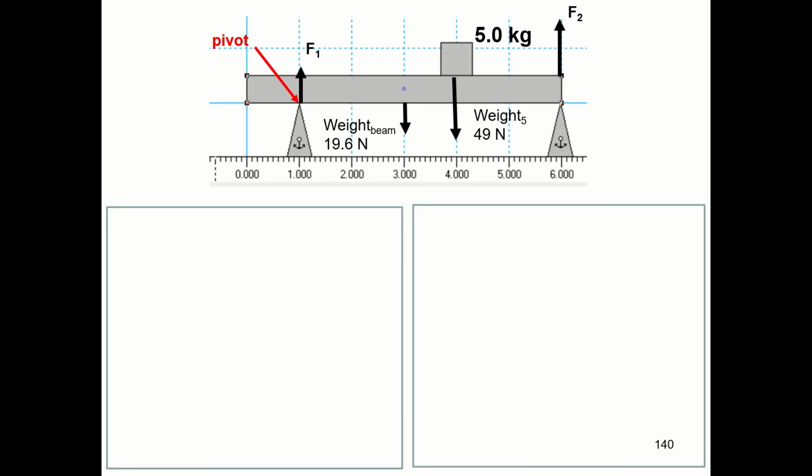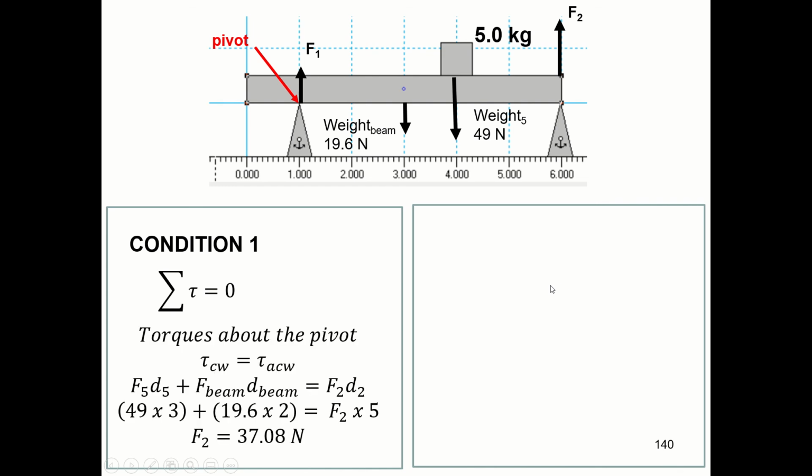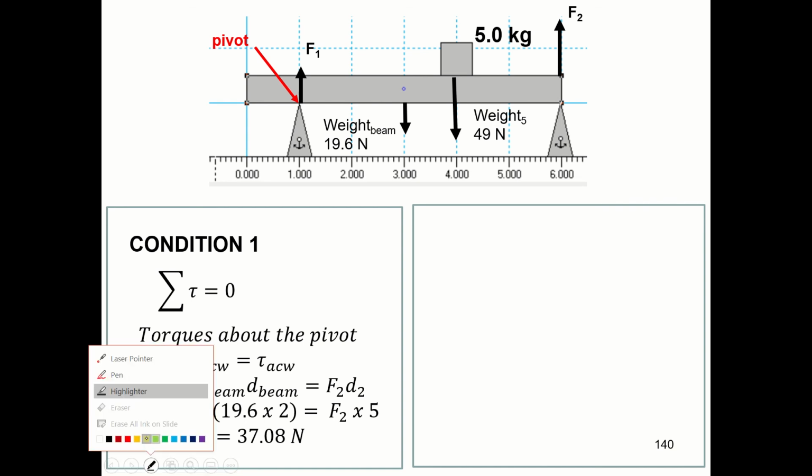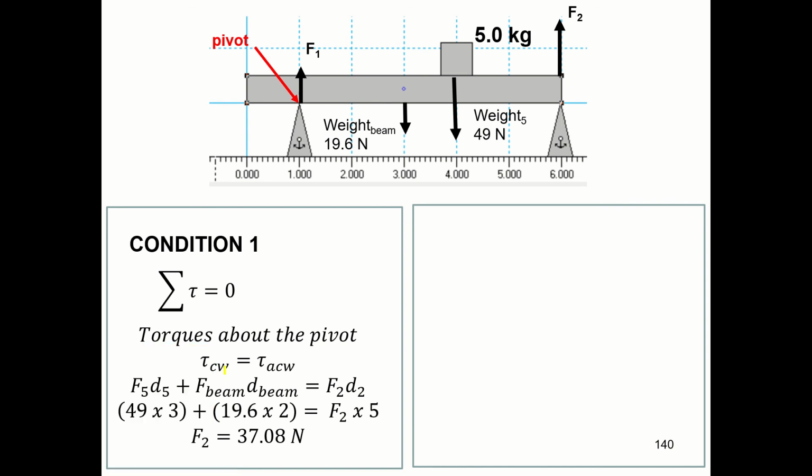So what we're going to do is say, okay, the clockwise torques equal the anti-clockwise torques. So the sum of all the torques adds up to 0. All of the clockwise torques equal the anti-clockwise torques about the pivot. The clockwise torques are due to this one and this one.